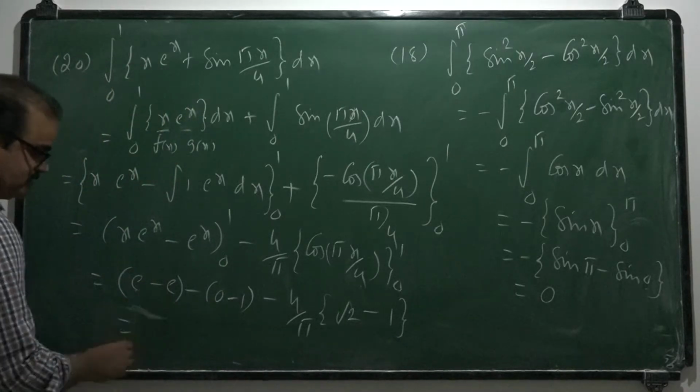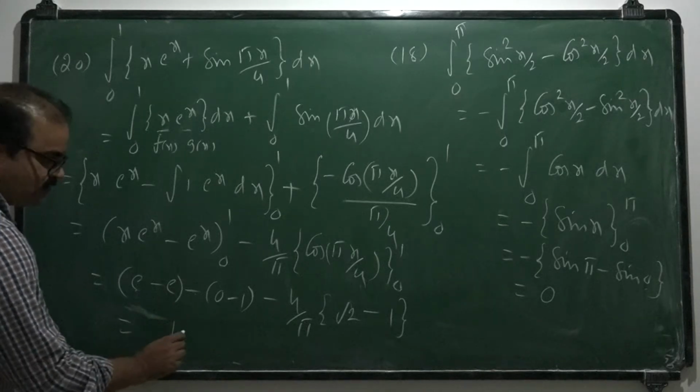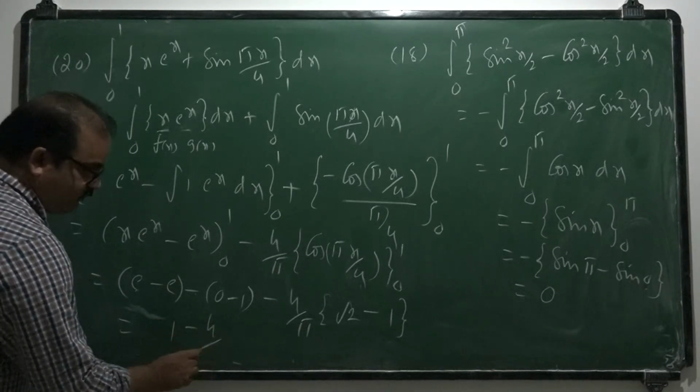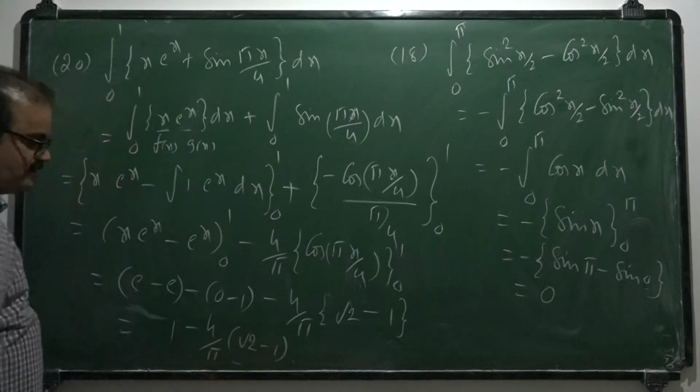So e minus e is 0, minus of minus is plus 1, minus 4 by pi into root 2 minus 1.